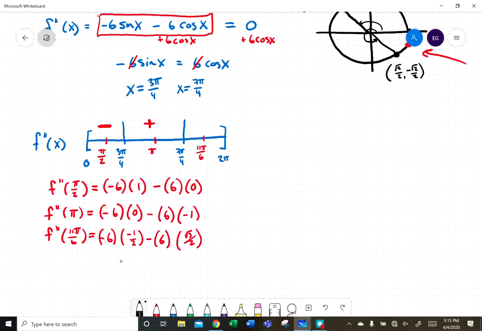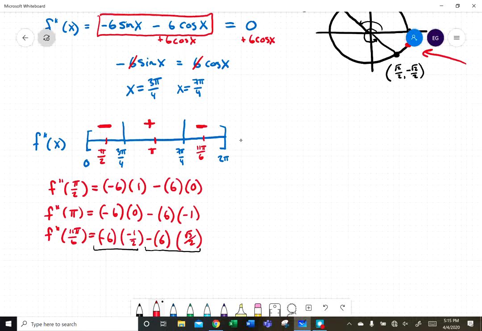So this is a positive, this is a negative, but the negative is more negative, let's say, than the positive. So if you pop this into the calculator, you would get a negative number for sure. So that third subinterval is negative.